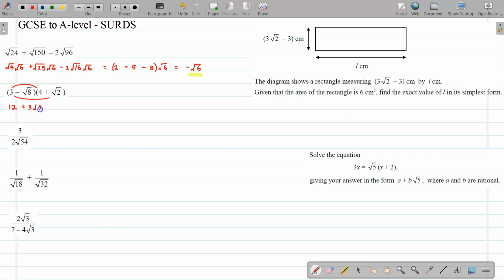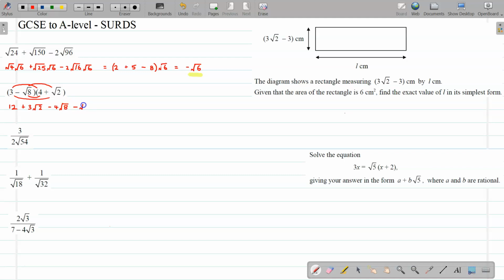Now the inner terms will be those two there. So that's 4 times root 8, negative, so it's minus 4 root 8. And finally, the last terms is the minus root 8 times root 2, which is minus root 16.